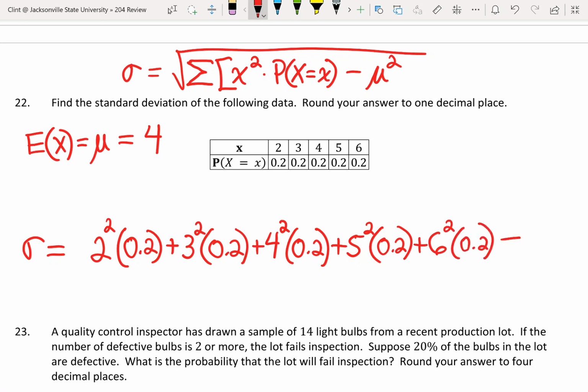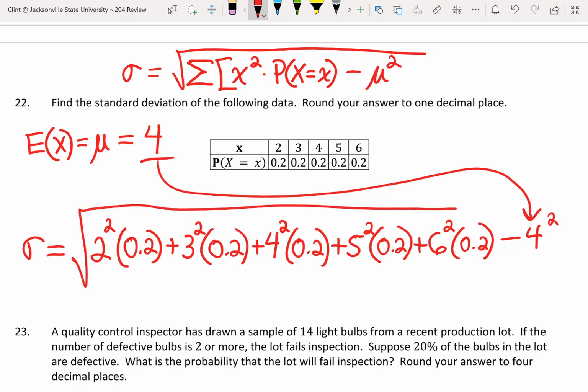And then subtract this number squared, and then take the square root. Okay. So unless I'm just thinking about it wrong, this is going to be boring.